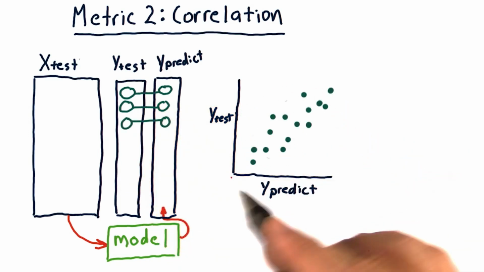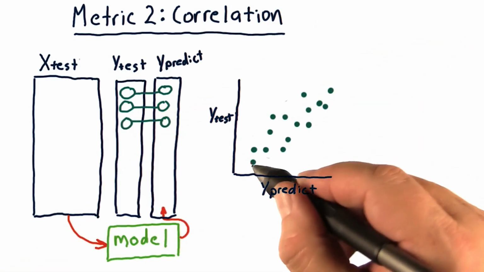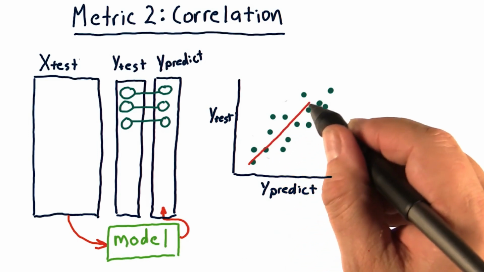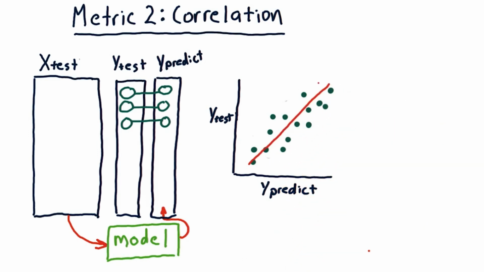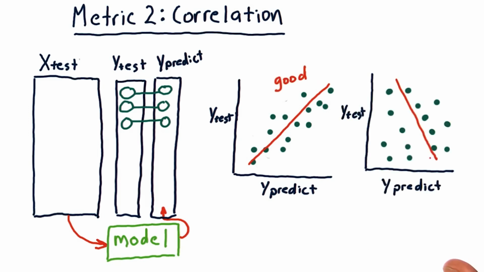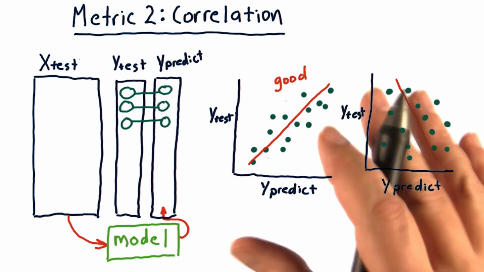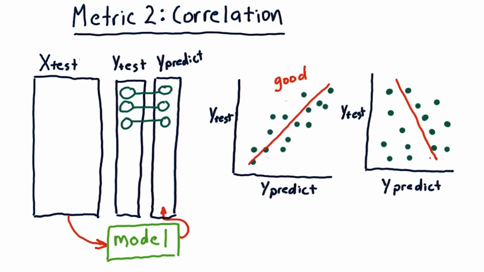Now if this scatter plot is arranged in approximately a nice line like this, that means we've got a pretty good prediction algorithm. On the other hand, if they're not aligned so well, and they look sort of like a shotgun blast, our learner is not so good. We can measure this property quantitatively using something called correlation.